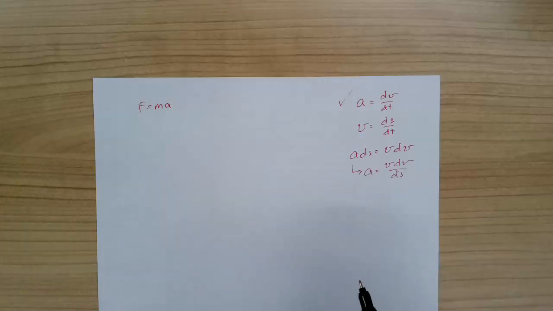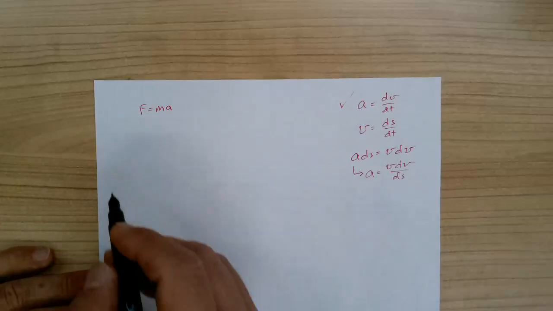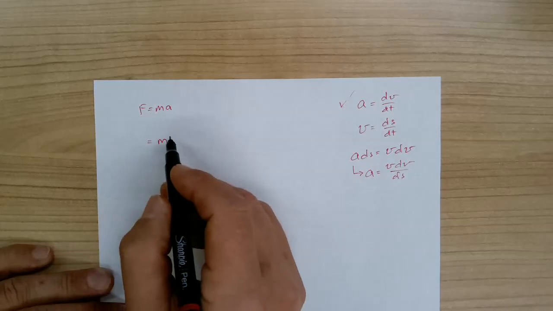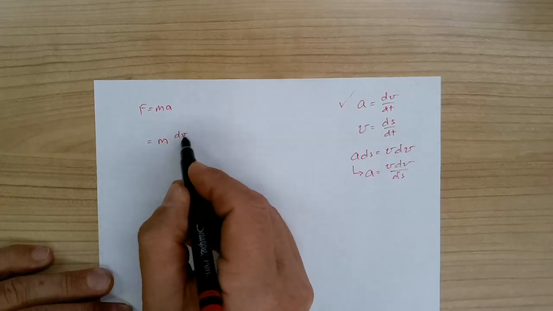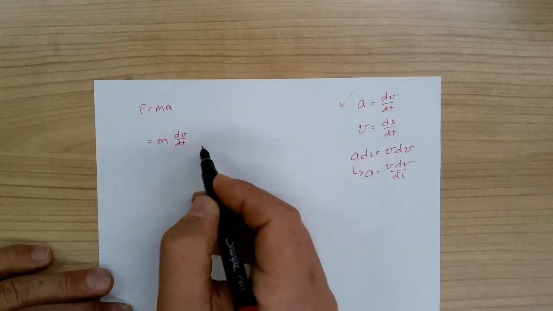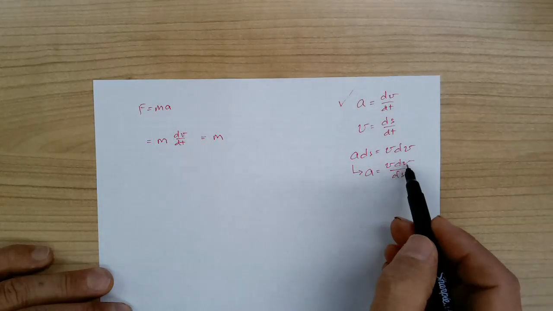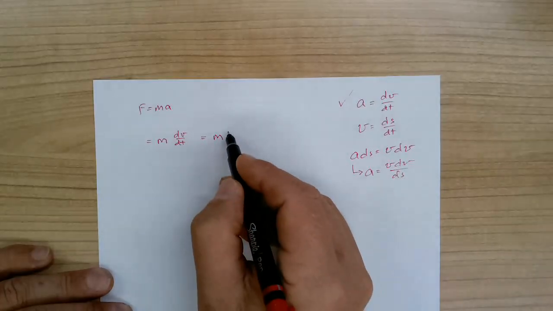So with F equals ma, we can substitute those in. We have m dv dt, and we have m v dv over ds.